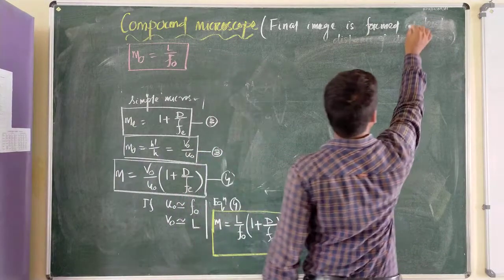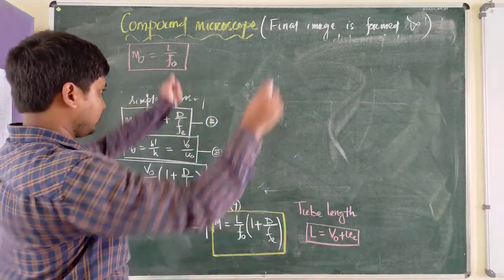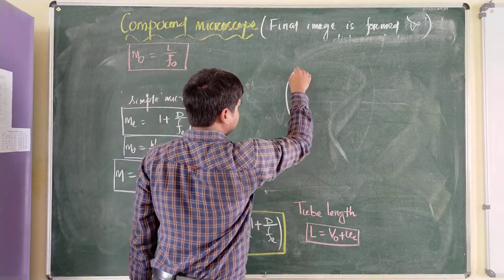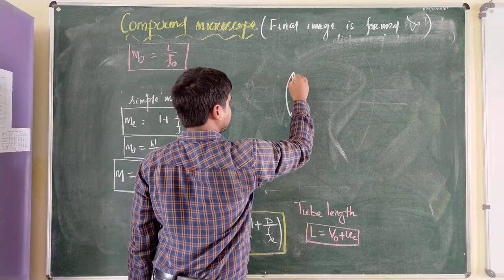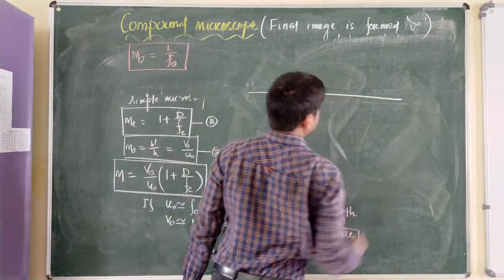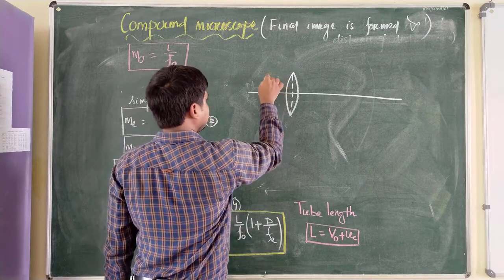Now let us see the image formation when the final image is formed at infinity, that is called the normal adjustment. So this is the objective lens, the principal axis, and the object will be placed here.